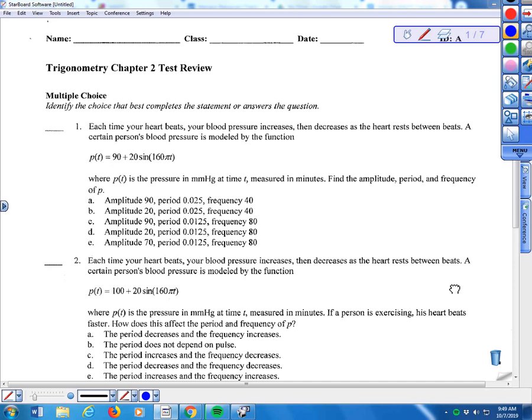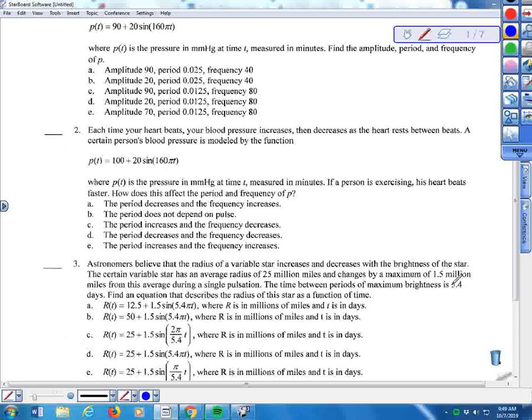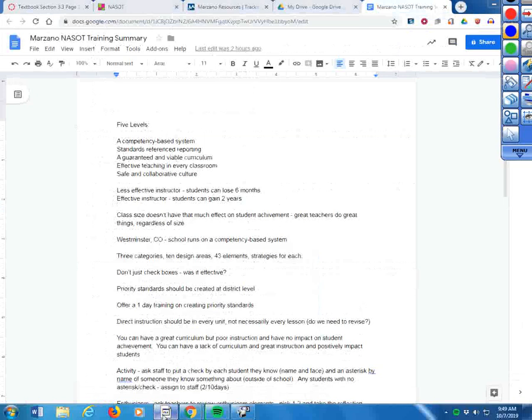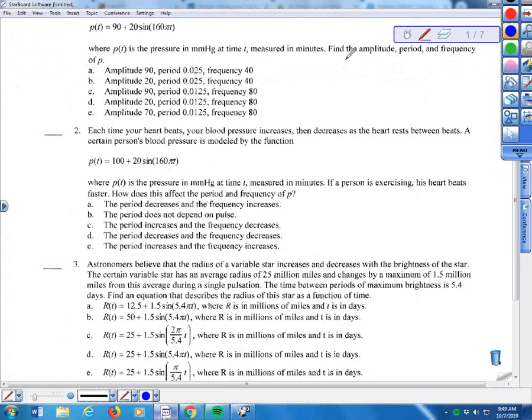Each time your heart beats, your blood pressure increases and decreases. There's the function again. So now we're trying to find, if a person's exercising, his heart beats faster. So what does that do to the sine graph or the cosine graph or whatever the graph is? If it beats faster, I want to be in here. Okay. So if my traditional, that's my heartbeat. If it beats faster, right?